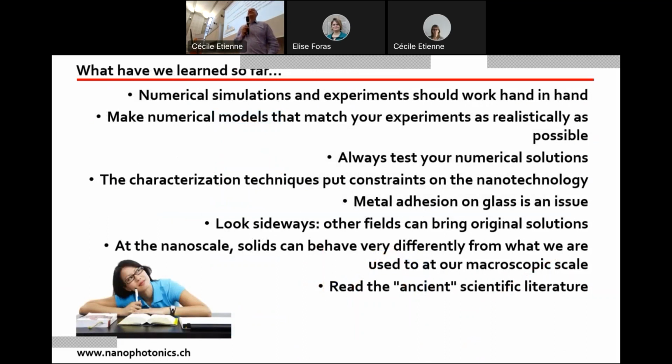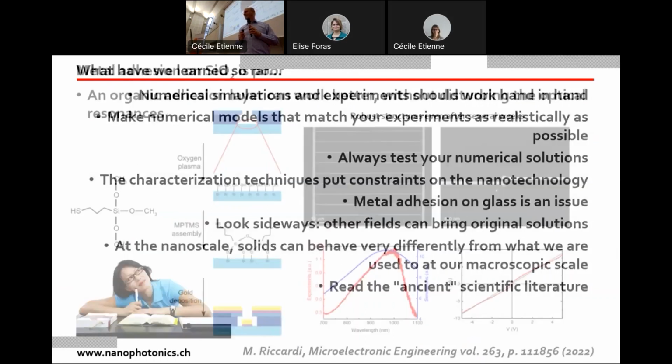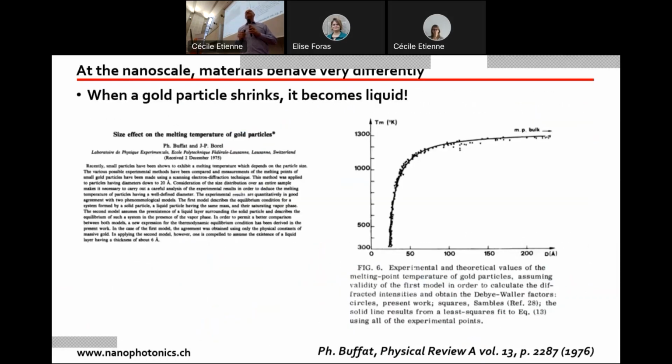Yeah, I have a question on the slide where you mentioned that when the gold particle is really small, it can melt at room temperature. Is that property applicable to other metal materials, and do you know why it does? I don't know. We were lucky to find this paper, which is specifically on gold.